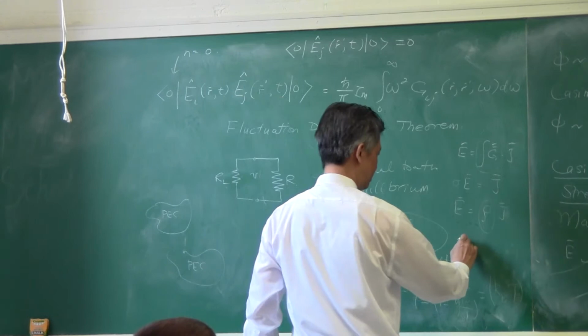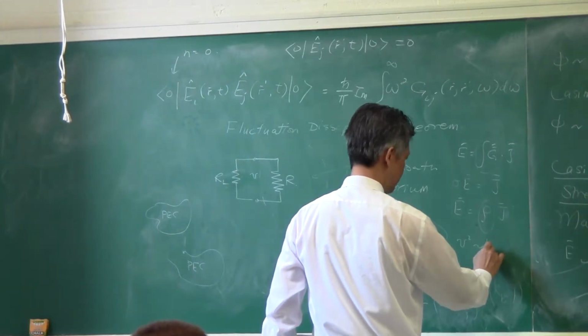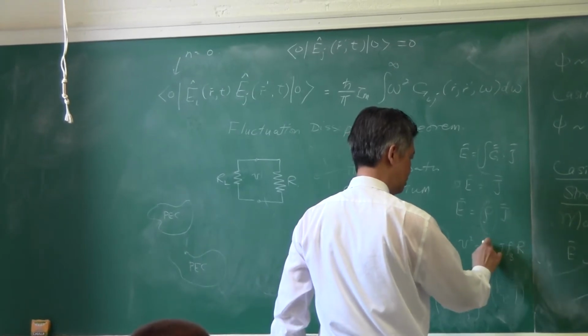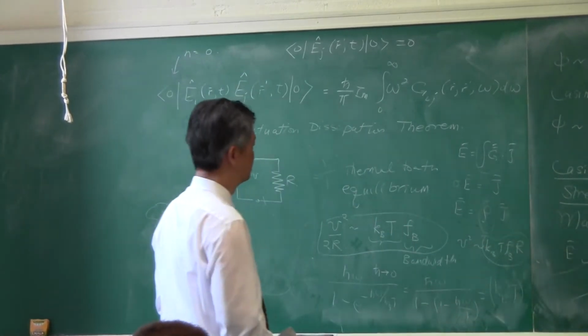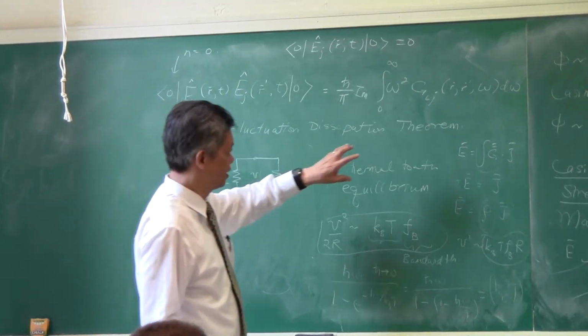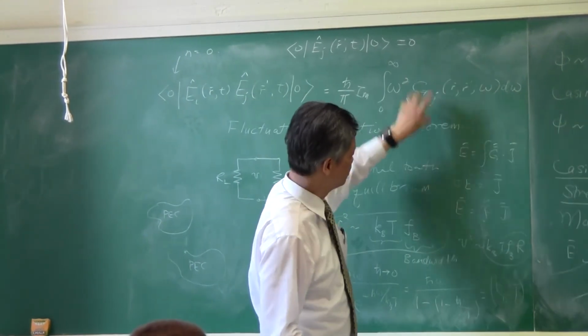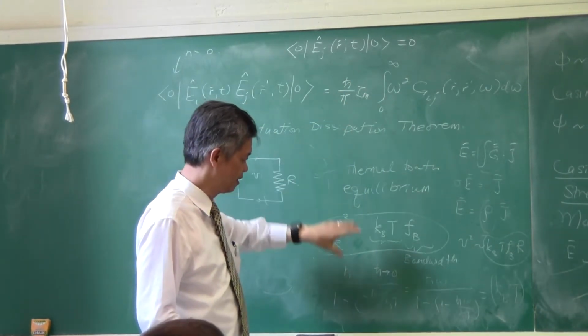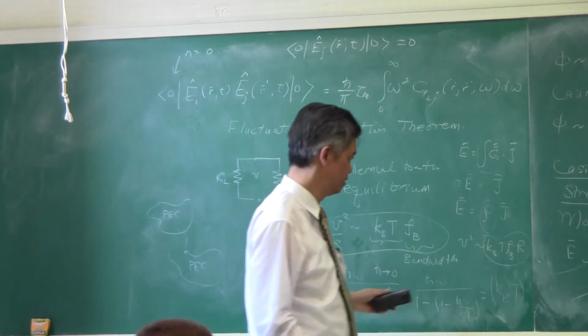which roughly speaking is that B squared is proportional to kB T times R. So you can think of this as R, and then you integrate over the bandwidth, and there is something missing here that is not in Planck's radiation law.